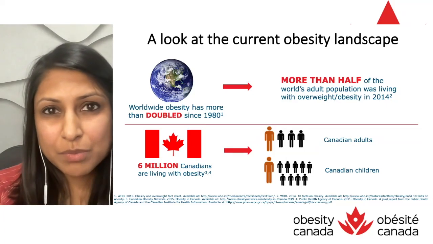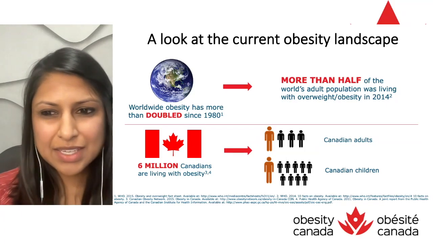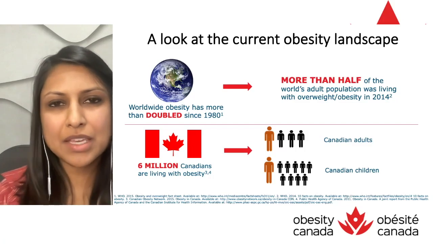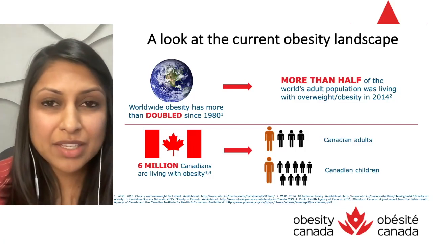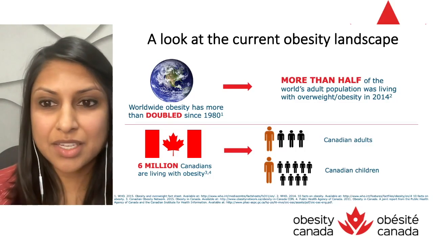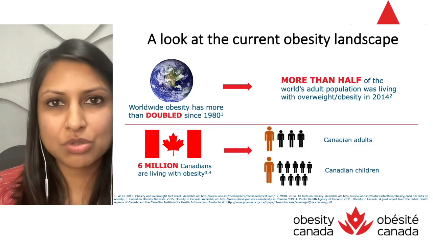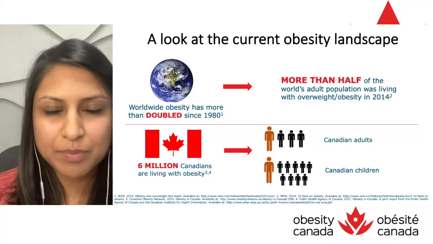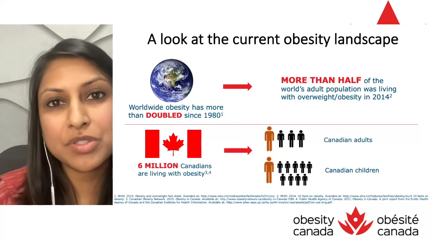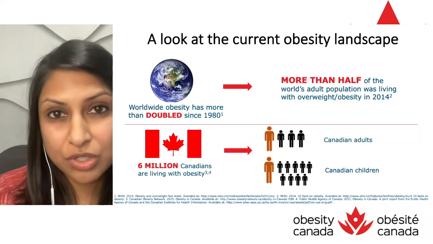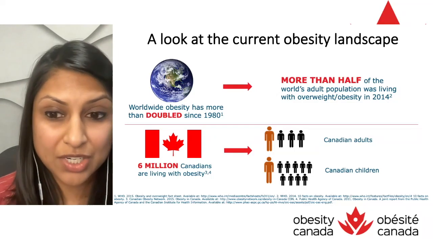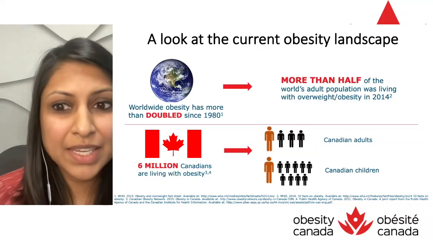But I really implore you to ask yourself, why is this happening? What is making the obesity epidemic worse instead of better, given the fact that we've known about it for decades and we've talked about treatment options for such a long time, but we haven't yet been able to move the needle to improve things? And it doesn't look like things are improving based off the projections for the future.